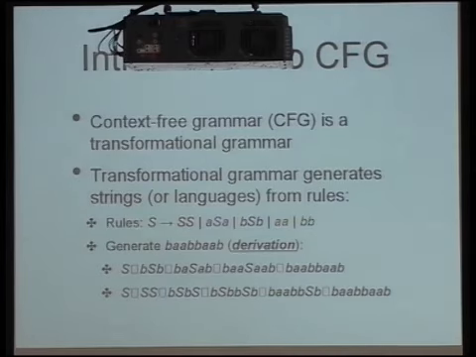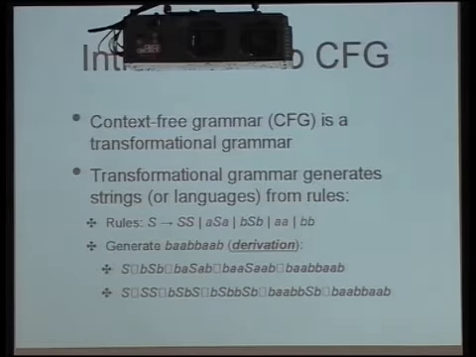From these rules, we can generate a string like this, BAABBAAB. This S can be transformed to BSB, and this S using this rule can be transformed to ASA, and this S again to ASA, and this S using this rule to BB, and finally we get this. This process is called a derivation, and this is another derivation by which this string can be derived.